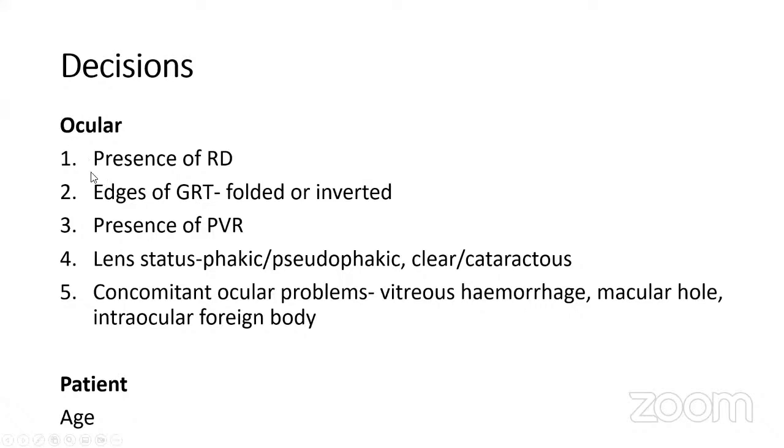Ocular-wise, whether there is a presence of a retinal detachment, or whether there is a presence of PVR that we can see from the edges of the giant retinal tear, whether it's folded or inverted, and the lens status of the patient, whether the patient is phakic, pseudophakic, or the lens is clear or cataractous, or whether there are any concomitant ocular problems such as vitreous hemorrhage, macular hole, or even intraocular foreign body resulting from penetrating injury or trauma. All this will determine the types of treatment that we will offer to the patient. And last but not least is the patient's age.